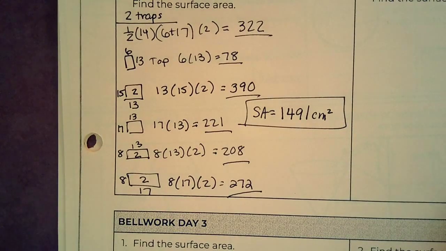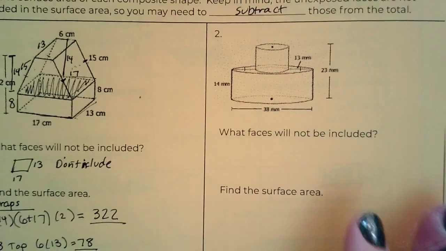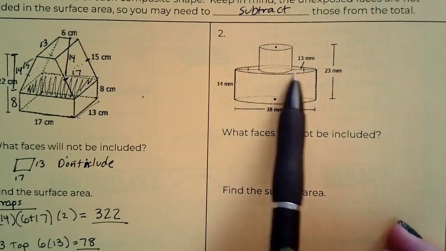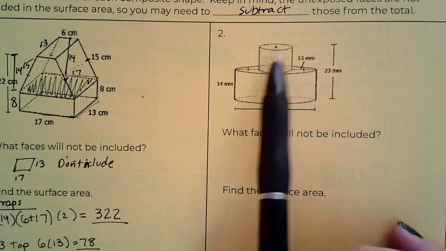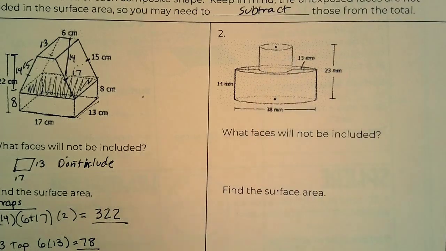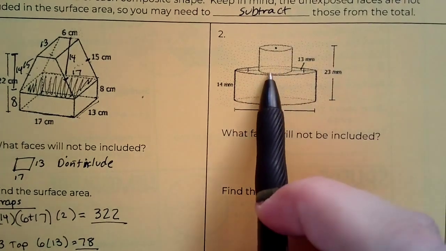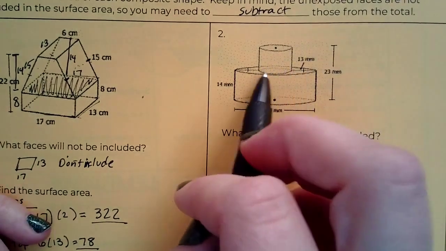Okay, last one. Let's think about this shape. We have a cylinder on the bottom with another cylinder right on top of it. So what's not included? When we're calculating the small cylinder, we won't include the bottom circle.